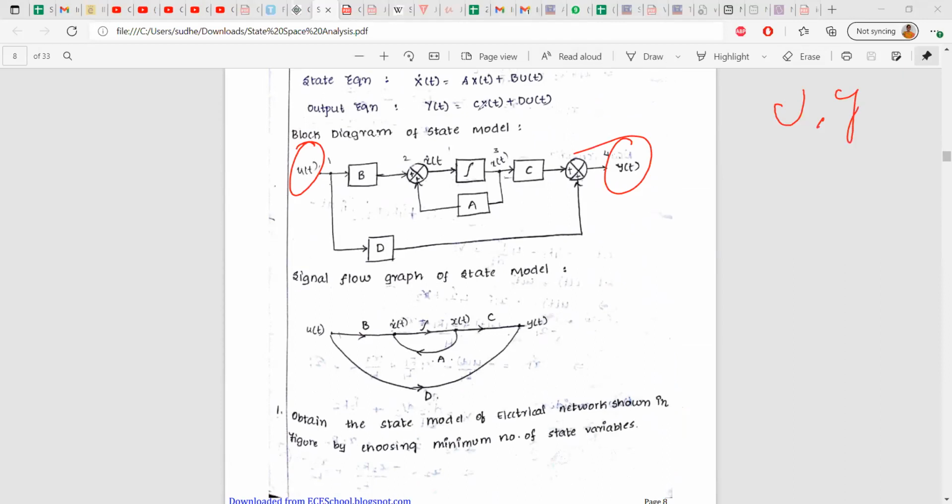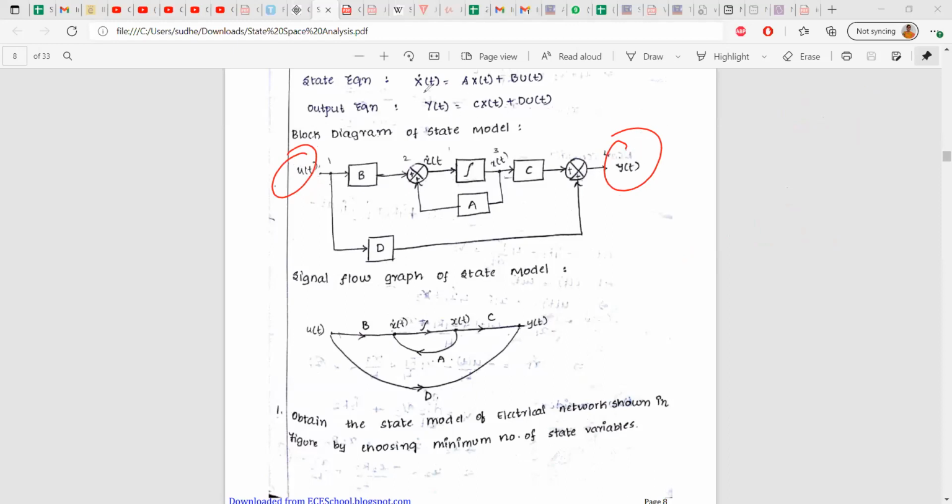Normally for a transfer function it is r of s, c of s. Here, for the state model, u is the input, y is the output.